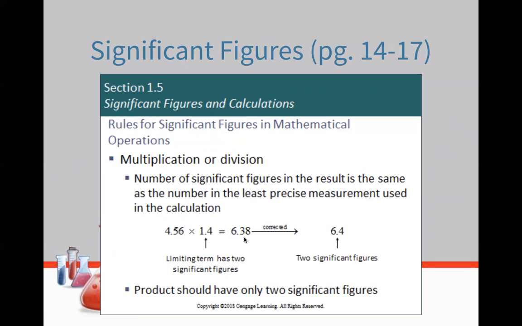For multiplication or division, we look for the number that has the least number of significant figures. In this case, it is the 1.4. There are only 2 here, whereas there are 3 here. So our answer needs to also have 2 significant figures. 6.38 has too many, so we need to round. Since this is an 8, we're going to round up. That gives us 6.4.